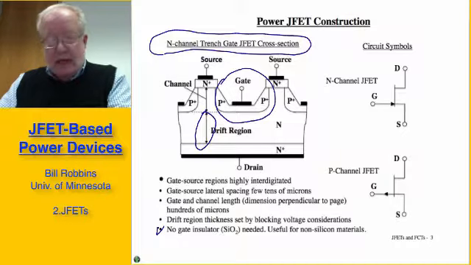And the arrowhead pointing in indicates it's an N-channel device, because if we forward bias the gate source junction, we will have an N-channel device. The P-channel device symbol is identical, except the arrow is pointing outward, indicating you have to bias the gate source junction, as I've indicated here, in order to affect the operation of the device.